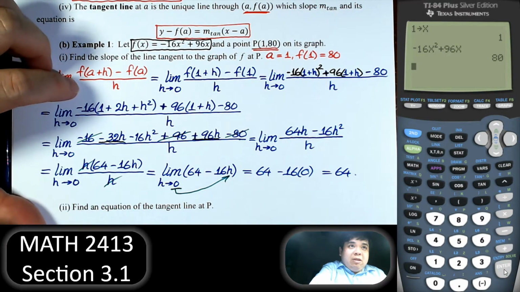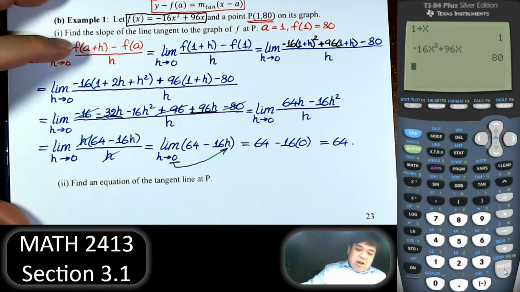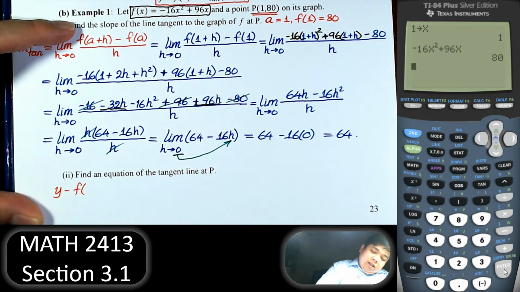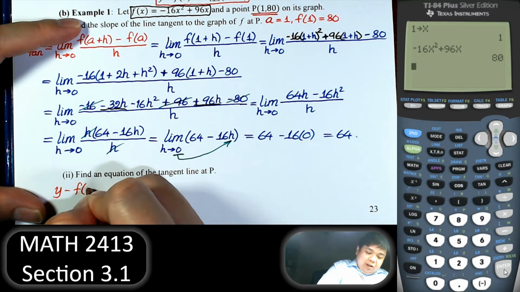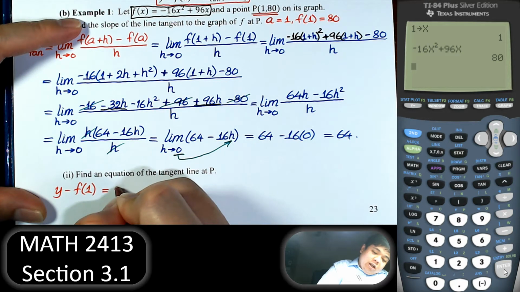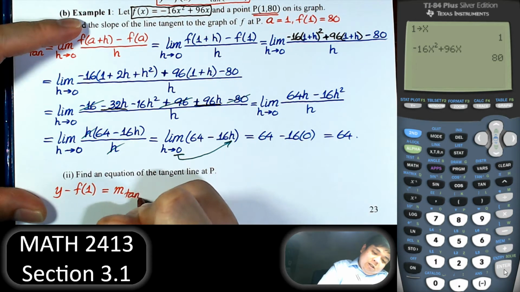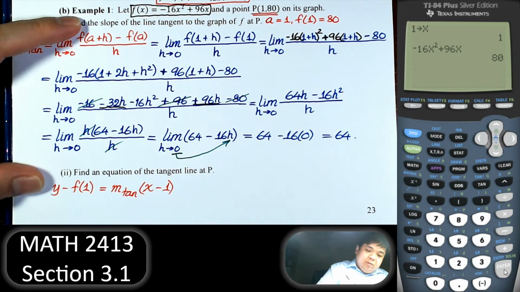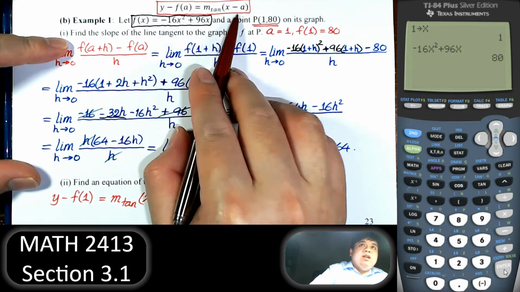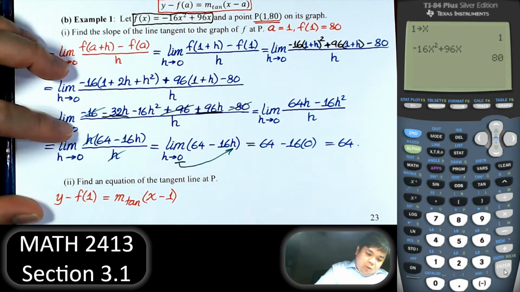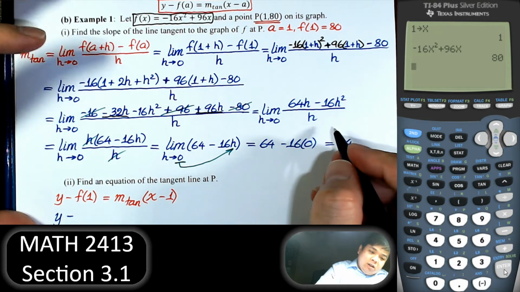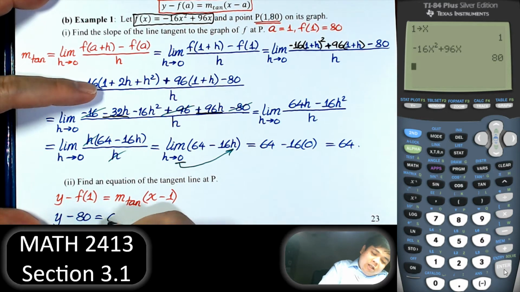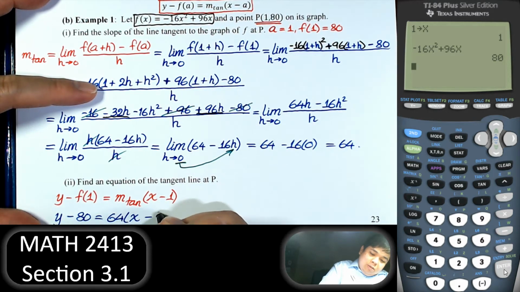Once we have the slope of the tangent line, we can find the equation of the tangent line. y minus f of a equals the slope of the tangent line times x minus a. A is 1, and so we have y minus f of 1, which is 80, equals the slope 64 times x minus 1.